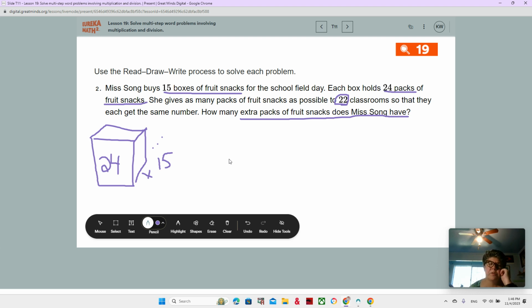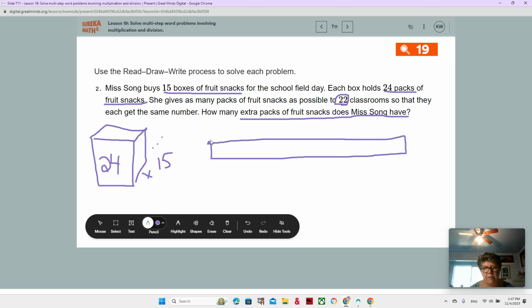So let's think about a tape diagram. We don't know how many packs of fruit snacks she has, right? But we know that she has 15 boxes, and that each box has 24 in it.